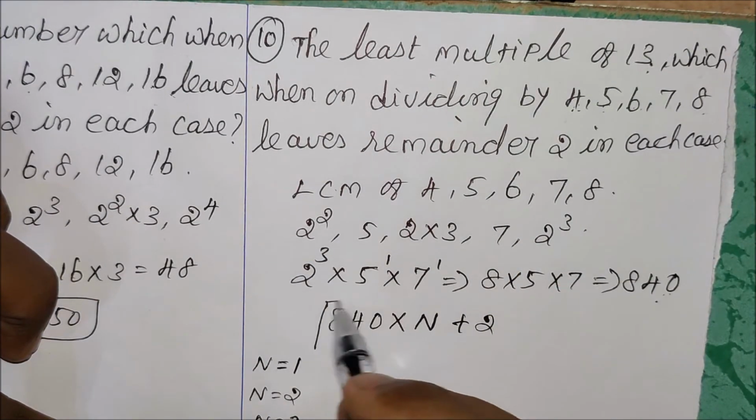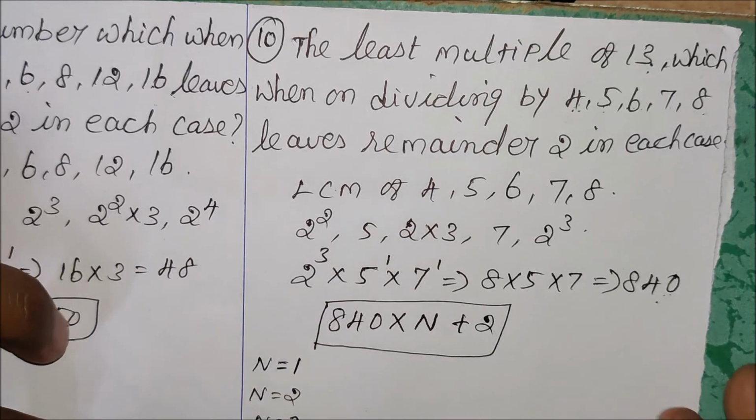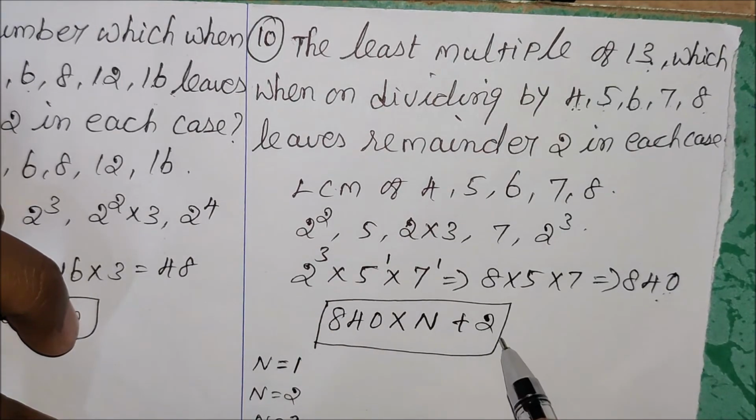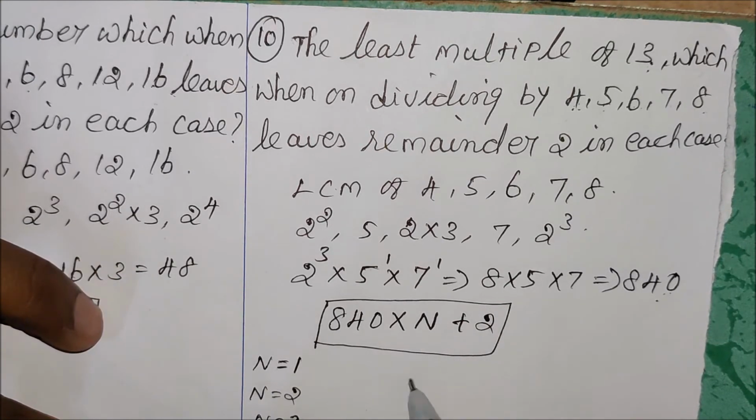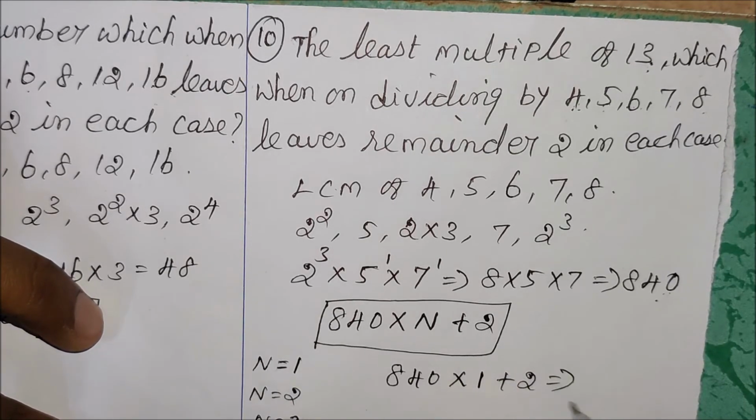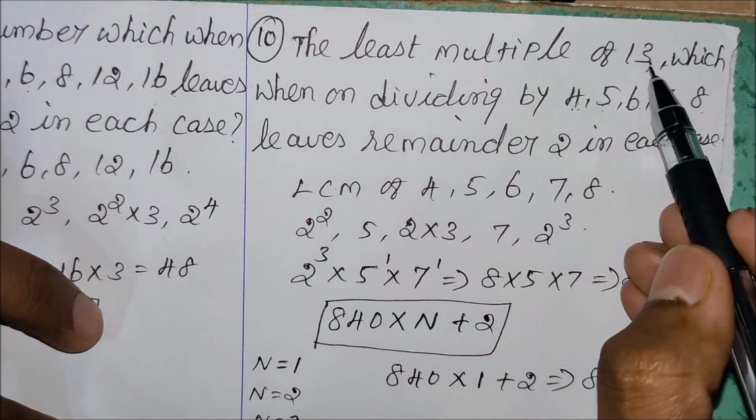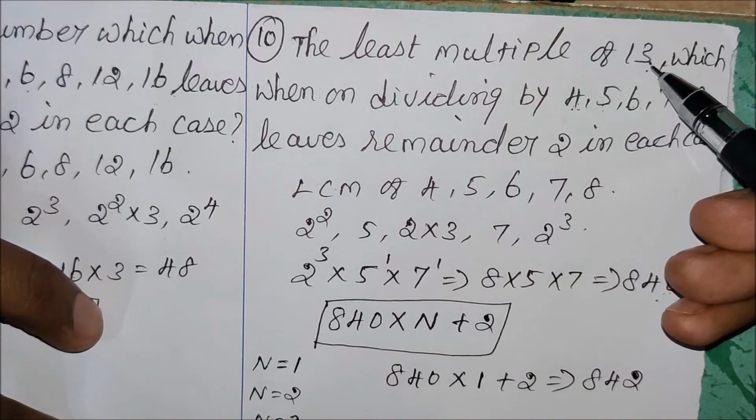So this format will be a very important thing. Now, 840 into n, first I substitute n is equal to 1, plus 2. So here we have 842. 842 is not a multiple of 13, that is, not exactly divisible by 13.